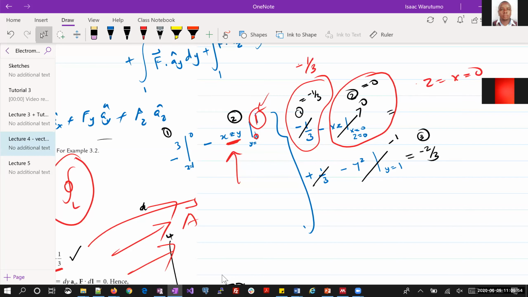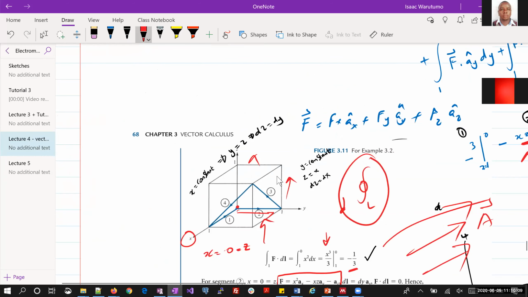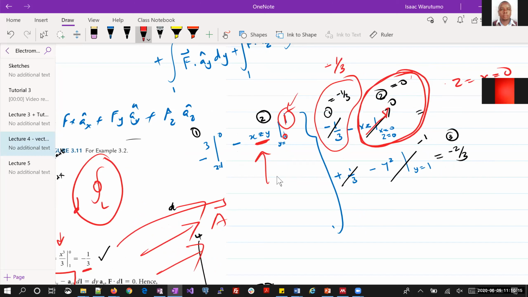Therefore, the integration along the second path becomes 0. That is quite clear because we have said that z and x are 0. When you replace 0 in this equation, which has x and z, you just get 0.